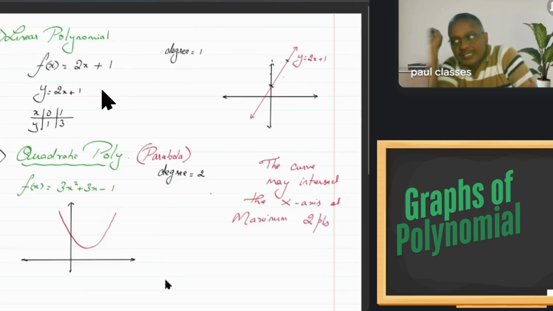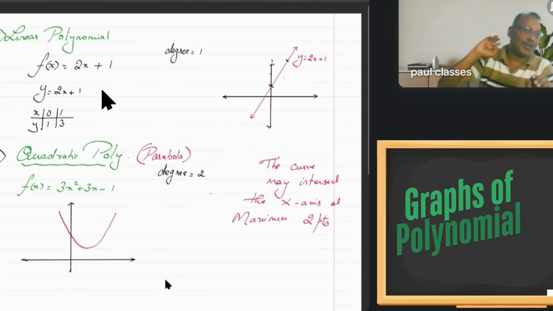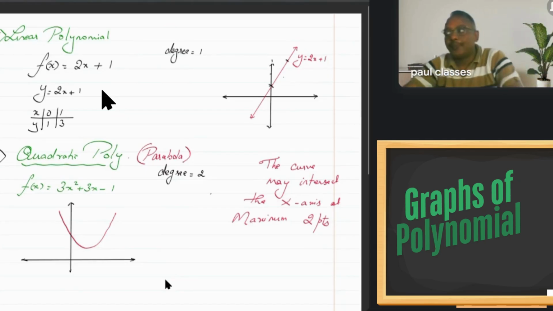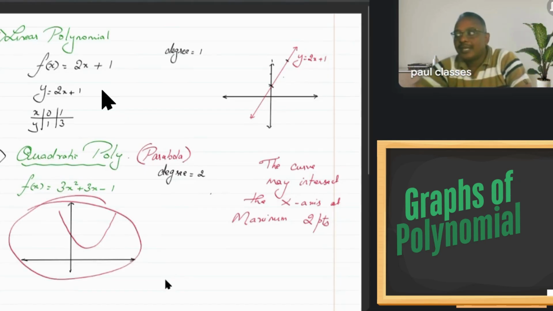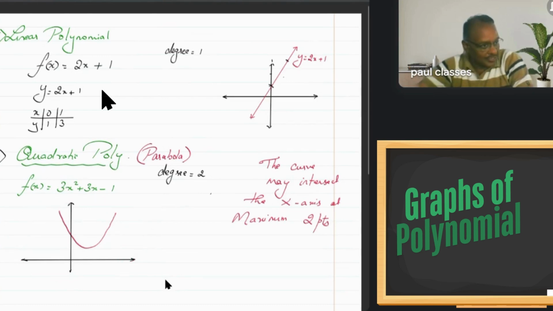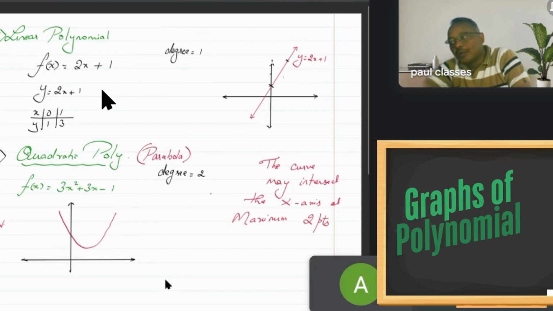Not 2 points, at maximum 2 points. Like for example, here it is intersecting at 0 points. So for this case we say there are no zeros at all. No zeros, or no roots.